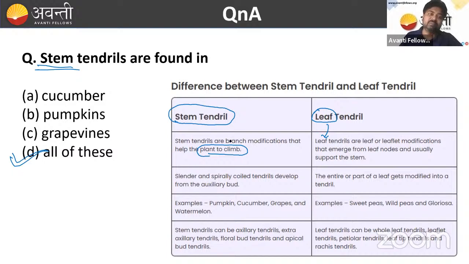Stem tendrils are slender and spirally coiled, and they develop from the axillary buds.